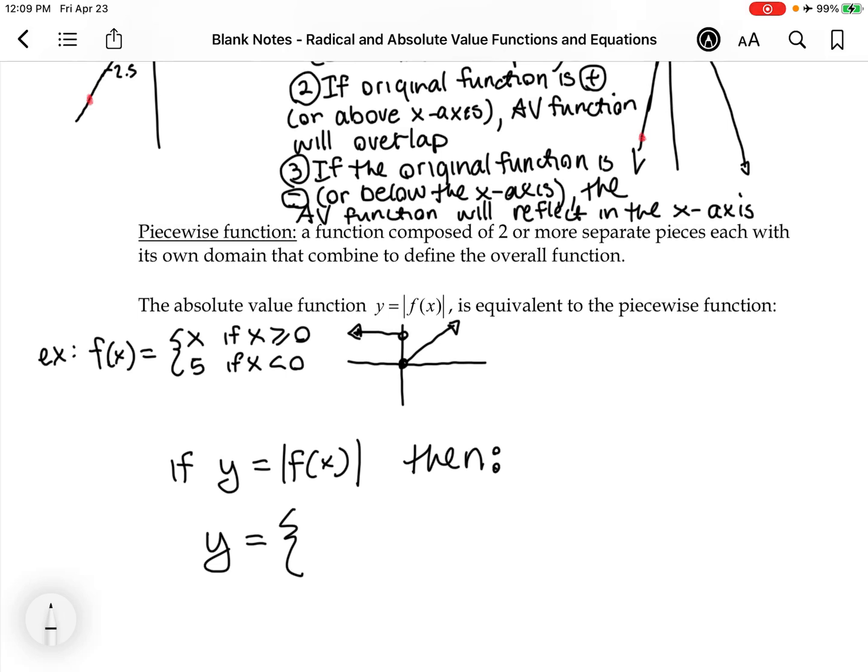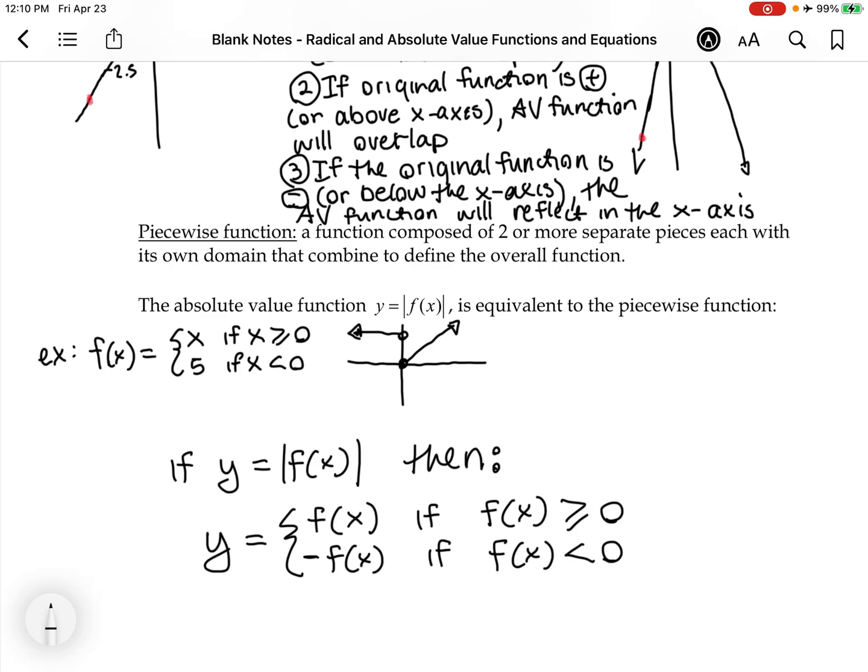Because they overlap. So y equals f of x if f of x is greater than or equal to 0. So anytime f of x is positive or greater than or equal to 0, the function is exactly the same. Or y equals negative f of x if f of x is less than 0.